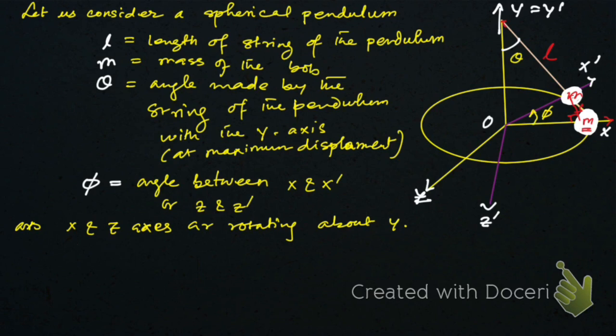This is the perpendicular from this point to the x-axis, right? Then what you will get is that this perpendicular will be given by, first let me write this one.